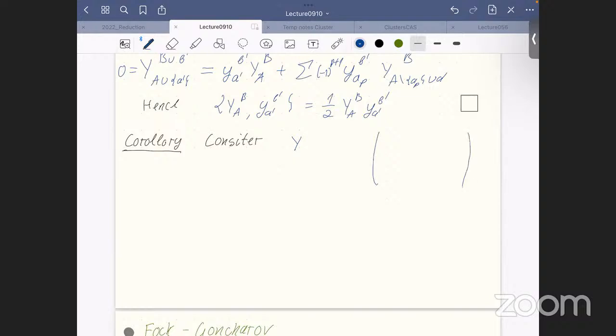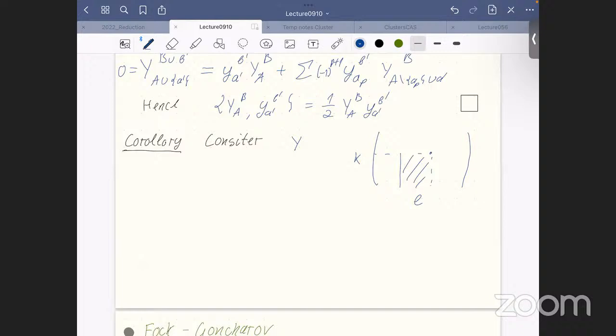So this is my matrix y, k, l. We take some element here, and take the corresponding rectangle square.